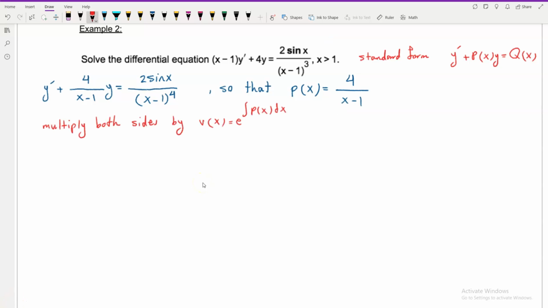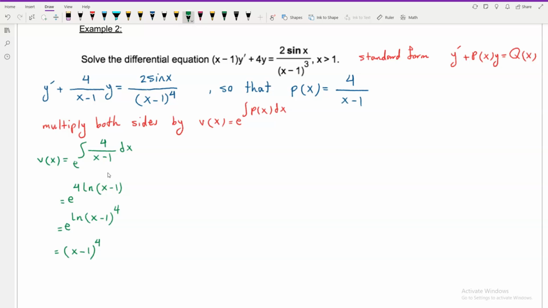To solve the linear equation, we have to multiply both sides by the integrating factor, which is v(x) = e to the power integral of p(x) dx, and in this case p(x) is 4/(x - 1). Find v(x), using a constant of integration c equal to 0, so v(x) is as simple as possible.